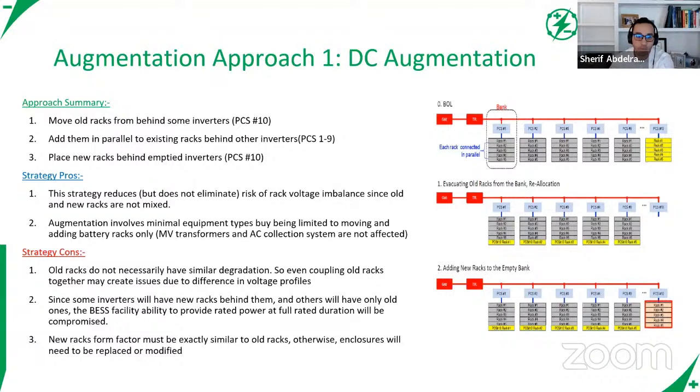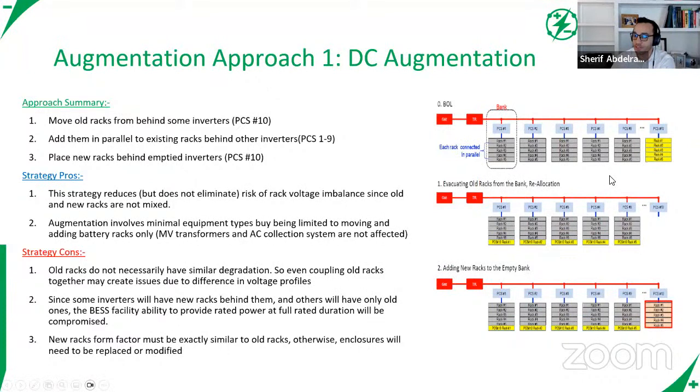If you've operated any battery project, you're going to know that not all inverters are going to be on 100% of the time. You're going to have one inverter that goes offline for a couple of weeks, maybe a couple of months, till you get that IGBT from the OEM and it gets fixed. Meanwhile, all the other inverters are operating.